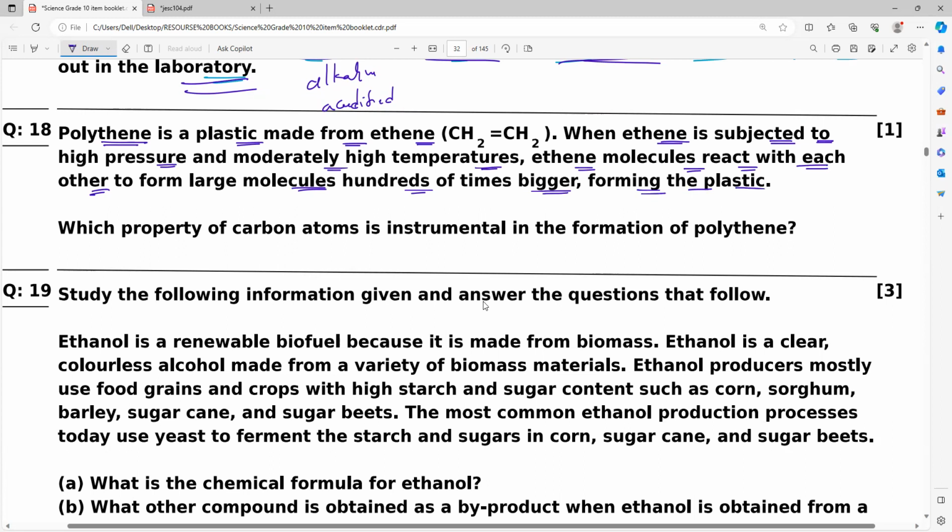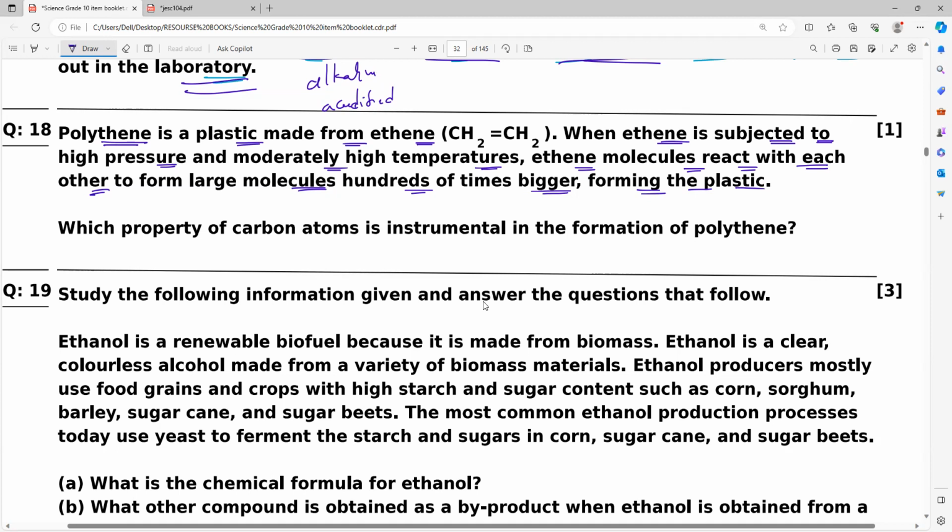Ethene attaches to ethene itself, hundreds together, forming the big molecule. That is what we call polythene or plastic.